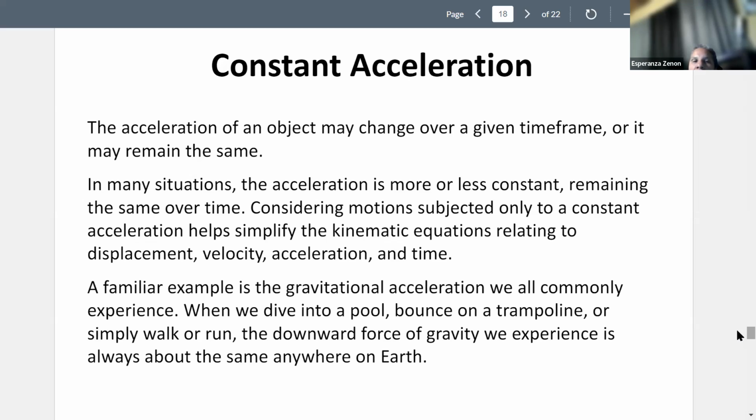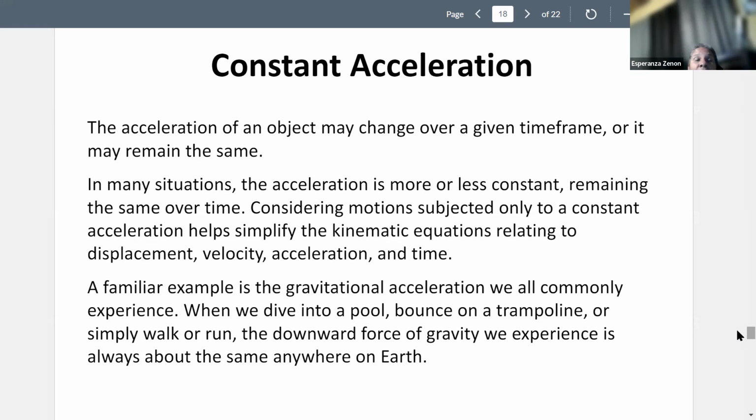And let's see why. Because you just told me if there's an acceleration and it's positive, it means the object is speeding up. So the velocity can't be constant if it's speeding up.